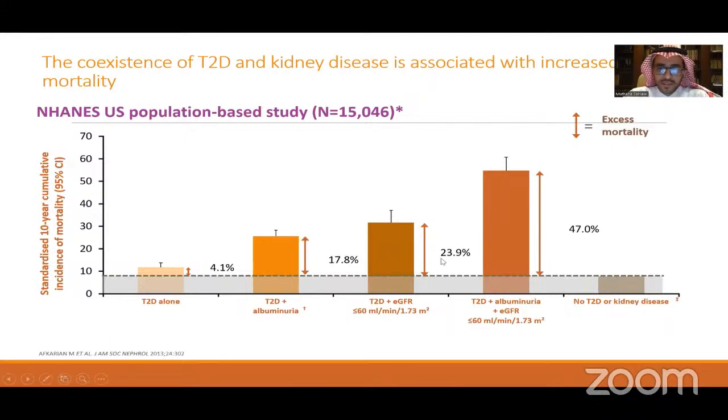Also, there was a 24% increase in the incidence of mortality in those with type 2 diabetes and low GFR compared to those with type 2 diabetes alone. And when we combine both low GFR and albuminuria, the incidence of mortality goes up by 47% as compared to type 2 diabetes alone.